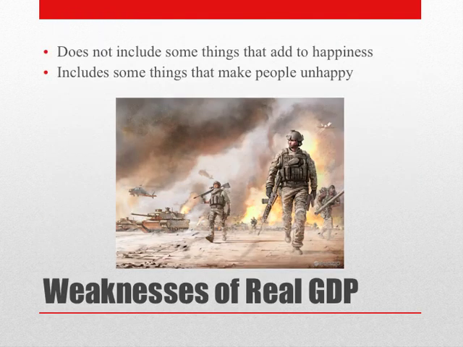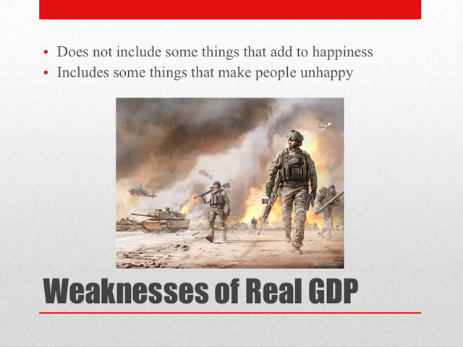Weaknesses of real GDP. Why isn't even real GDP a perfect measure? Well, it doesn't include some things that add to happiness. The fact that we have more leisure time today than we used to have. The fact that we have air conditioning today and we didn't in the past, and so our lives are simply more comfortable. Or the fact that technology has improved our lives and again made it so much more comfortable. These things aren't included in real GDP.